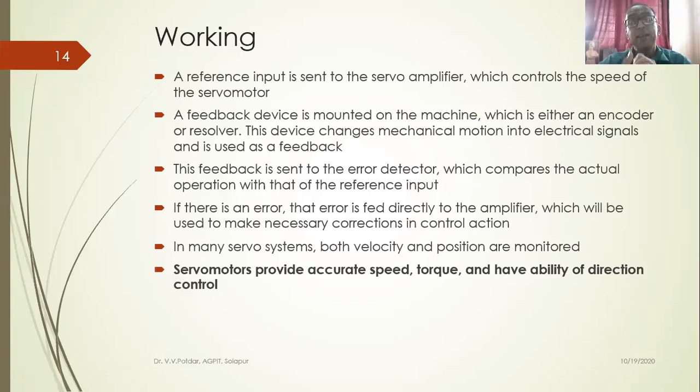If there is an error, that error is fed directly to the amplifier, which will be used to make necessary corrections. In control action, in many servo systems, both velocity and position are monitored. Servo motors provide accurate speed and torque, and have the ability of direction control as well. So this is the benefit of servo motors.